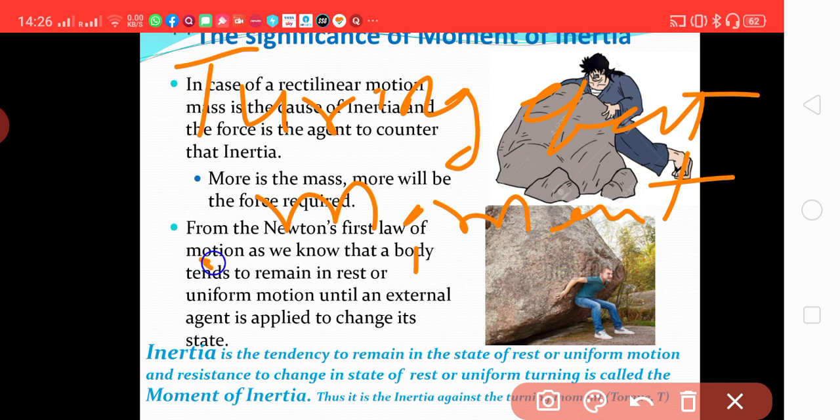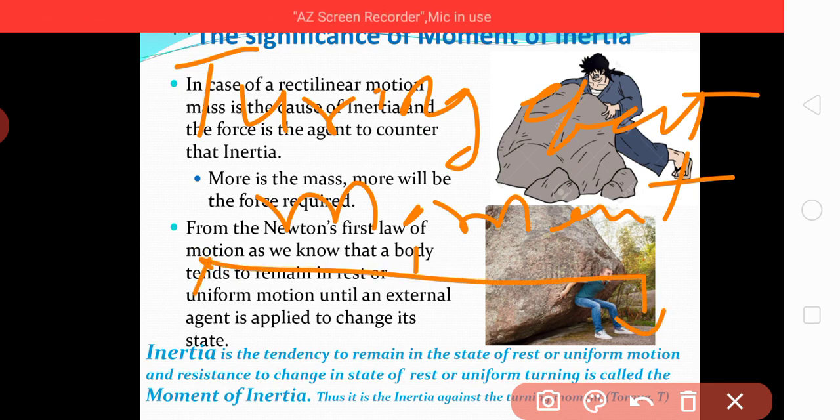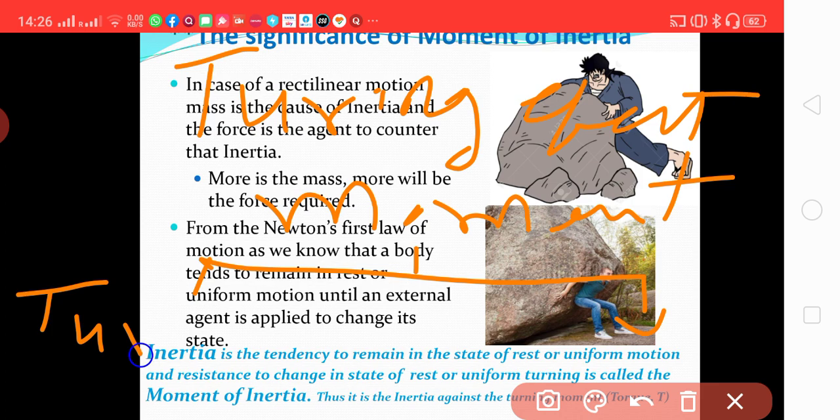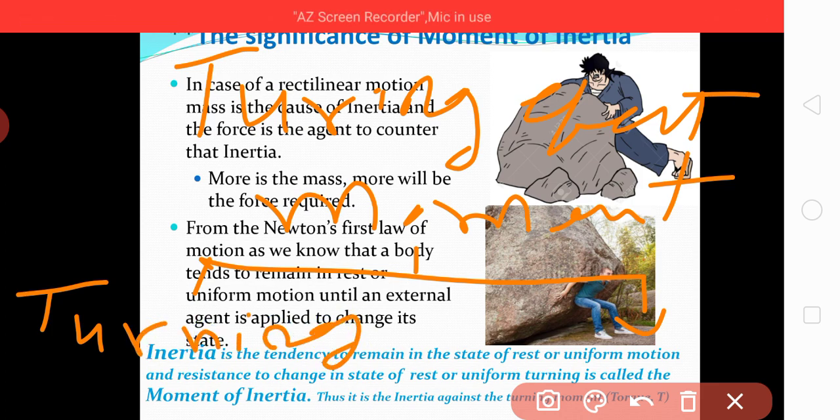A moment is of two types, that is turning moment and bending moment.